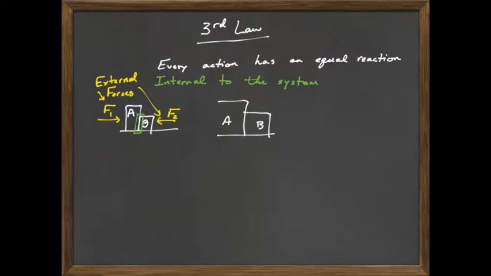So what you're going to see from this is that if, say, you were object A, you would feel object B pushing on you with some amount of force. But if you were object B, you would feel A pushing on you also with a force. And so the question is, how do these forces compare? Now, the way that the forces are usually written out is you would typically write it with the force and then two subscript labels.